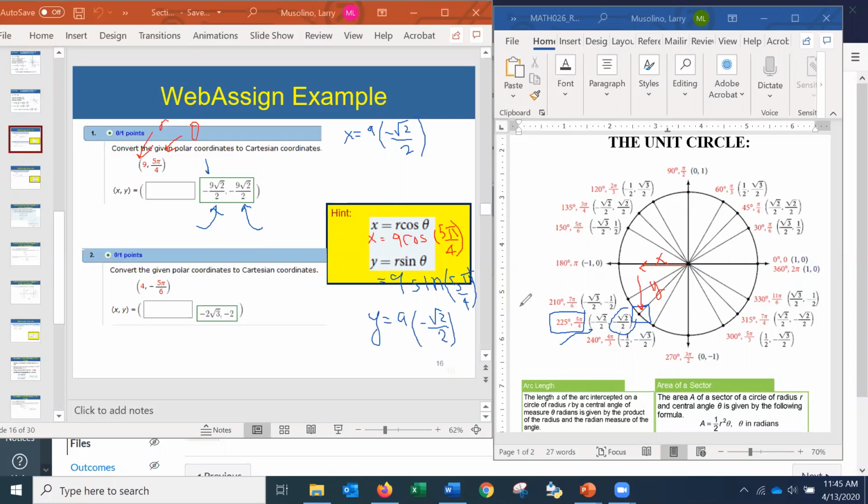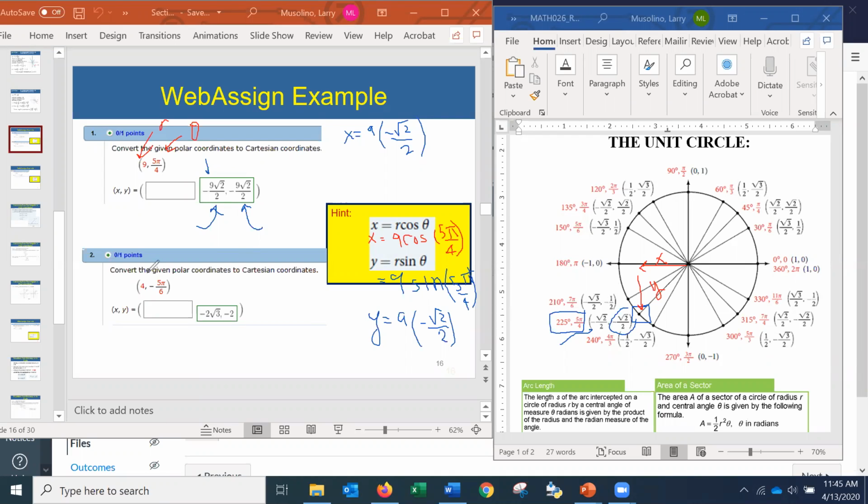All right, let's do the bottom example then. The bottom example is a little trickier because it has a negative angle. So again, I'd like to maybe get rid of negative angles if I could. So let me go ahead and take the negative angle they're giving me and convert it into a positive angle.